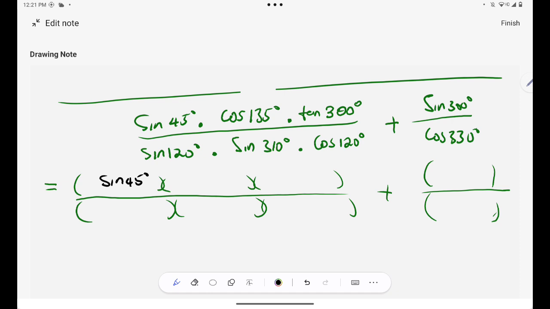And then we have cos 135. This thing is the same as cos of 180 degrees minus 45, all together. And then here I'll have tan of 360 minus 60 will give me 300. And then I'll have the sine of 180 minus 60 degrees.